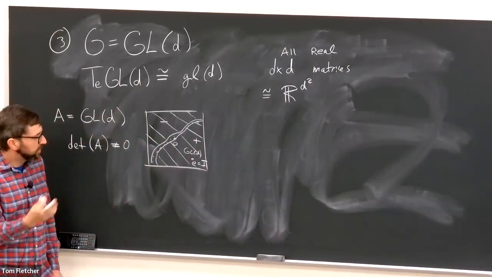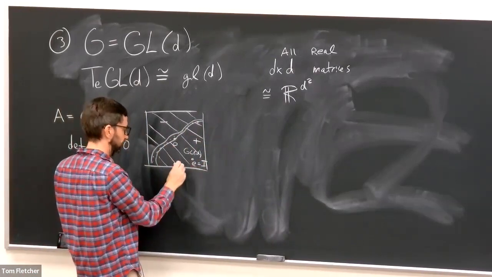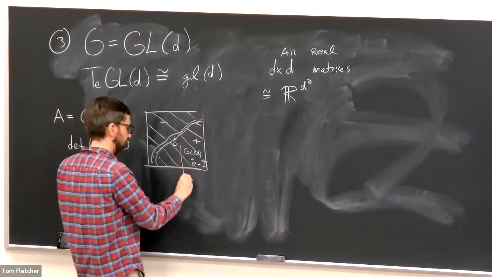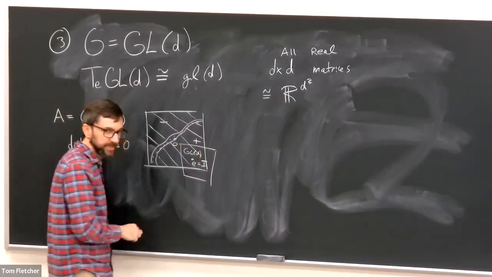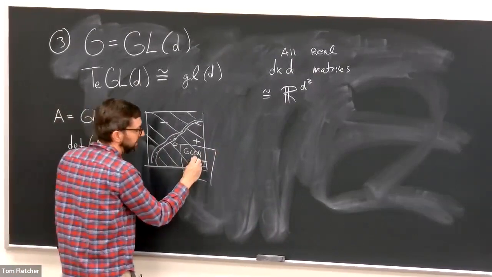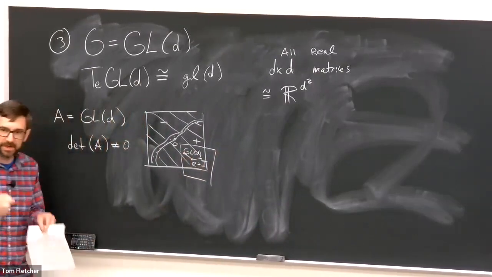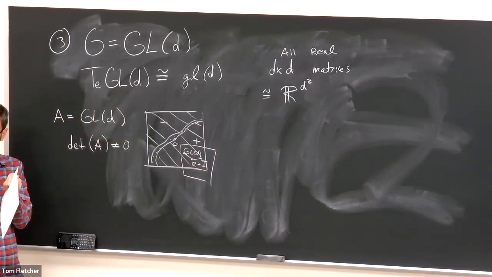Because it's just an open subset of a vector space, a copy of that vector space is the tangent space there. What does this mean? Intuitively, you can always think of a vector as an infinitesimal perturbation of a point.